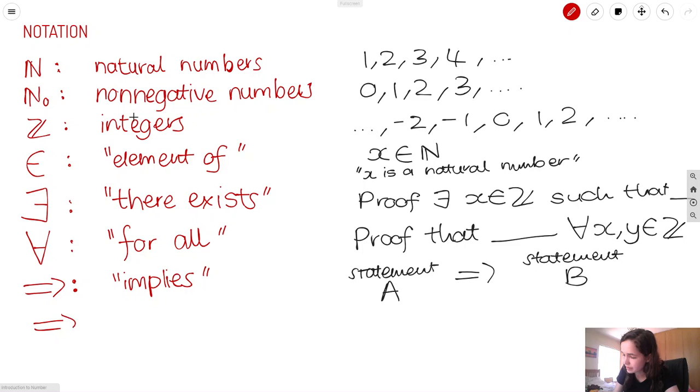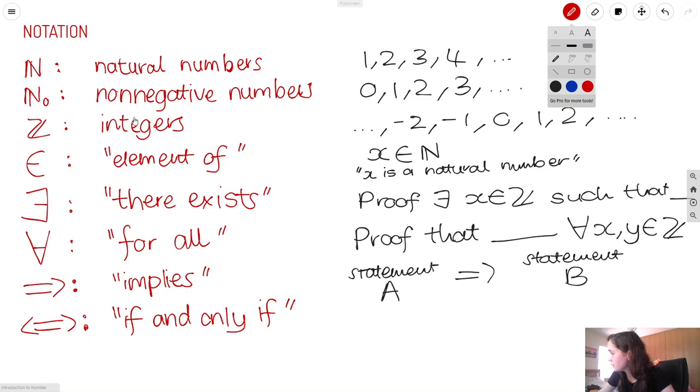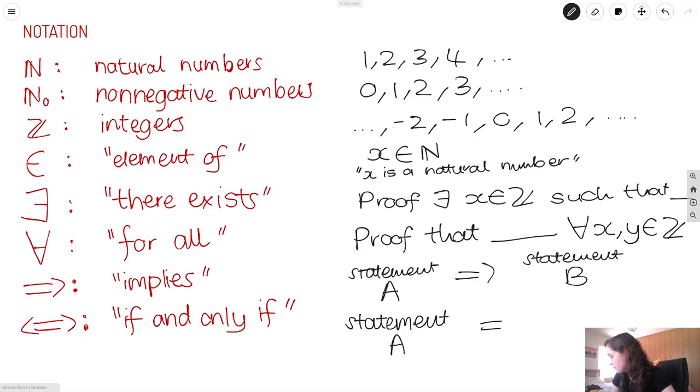You'll also see these arrows pointing to the right and to the left, and this means if and only if. So you'll see statement A is true if and only if statement B. Or you can see it as statement A implies statement B, but statement B must also imply statement A. So both of them imply each other.